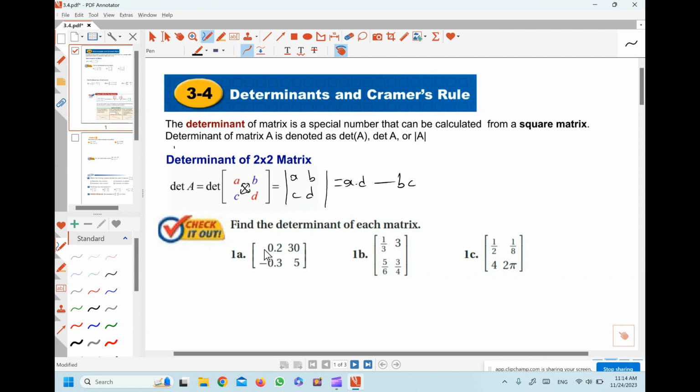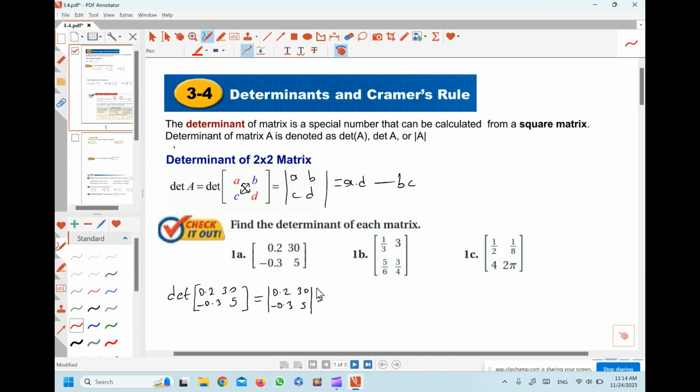Check it out, 1a. It's asking about finding the determinant. So we either write det and the matrix itself, or we can use straight vertical brackets without writing det and write the numbers inside those two brackets and calculate the products of the diagonals. Take the difference.